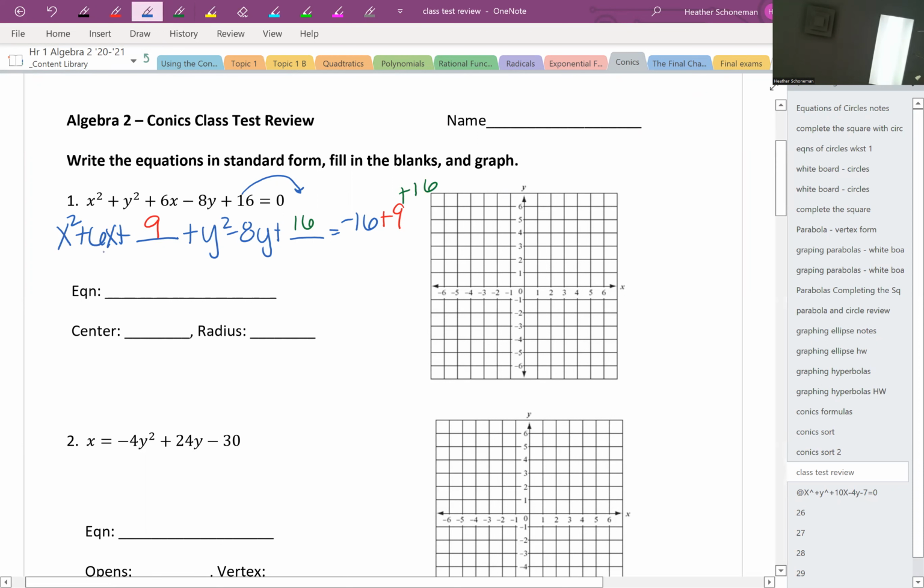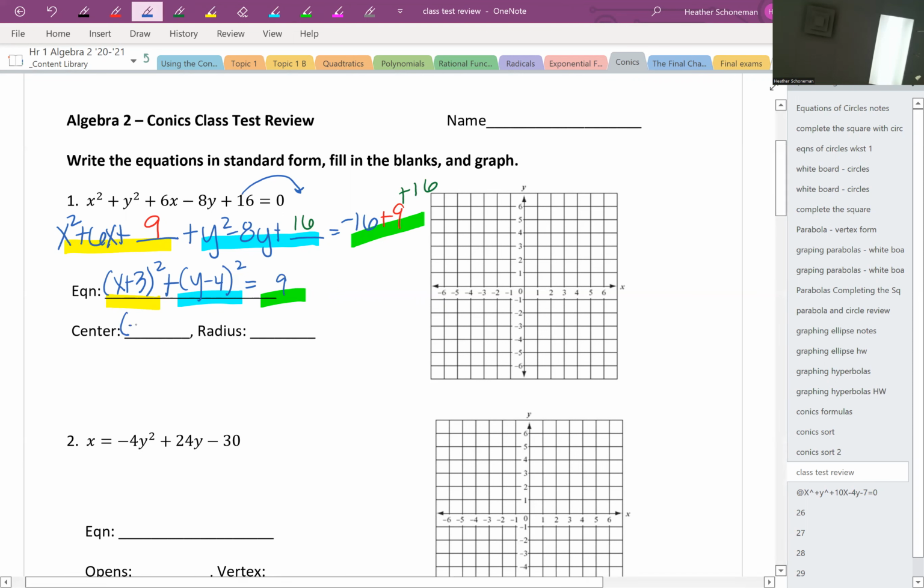So now I can rewrite it. I'm going to factor this first part, and that's going to factor to x plus 3 squared plus, and then I'm going to factor the second part. And that is going to factor to y minus 4 squared equals, and then I'm going to add these numbers at the end. The 16s cancel, so that just leaves me with 9.